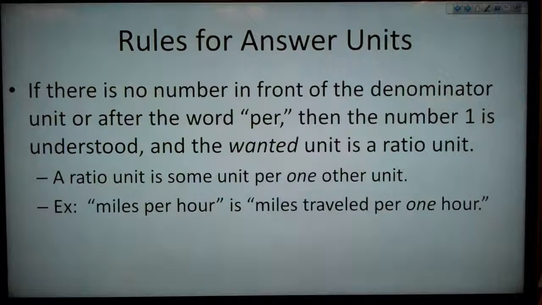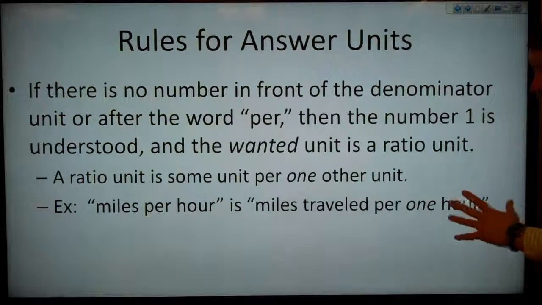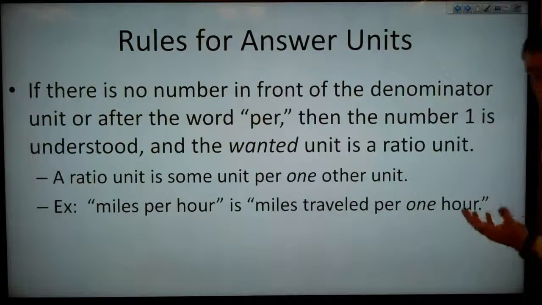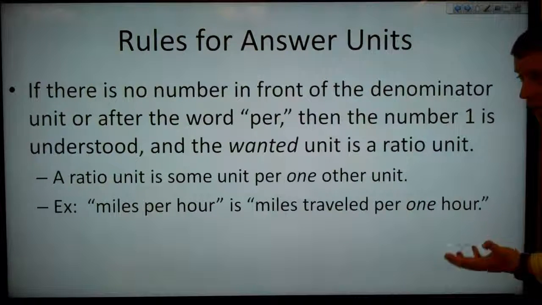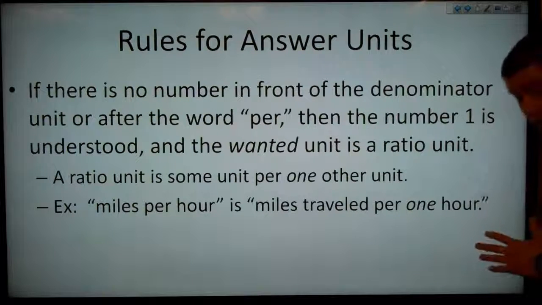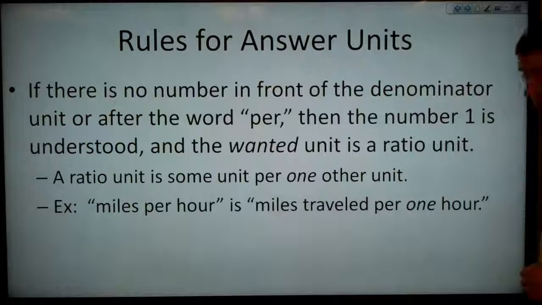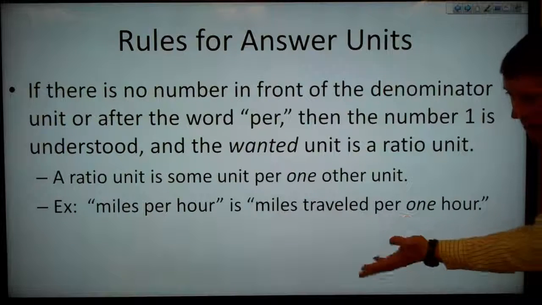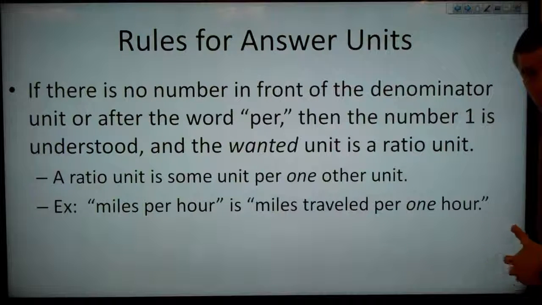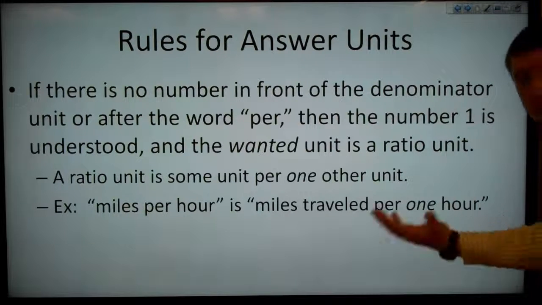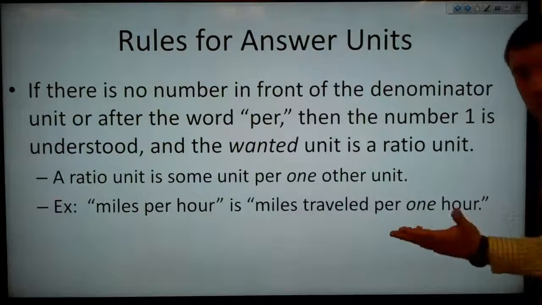If there's no number in front of the denominator unit or after the word per, then the number 1 is understood, and the wanted unit is a ratio unit. So a ratio unit is some unit per one of the other unit. For example, miles per hour is miles traveled per 1 hour. In every 1 hour you travel however many miles is listed, whatever number is listed.